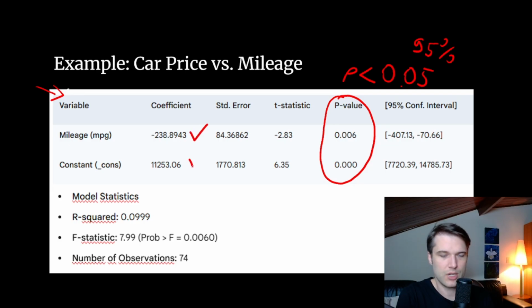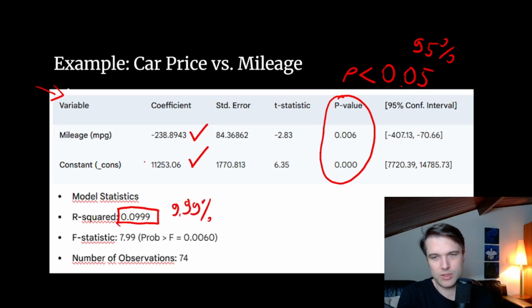It's a useful coefficient. And the same thing goes for the constant, because it's also below 0.05. And the R squared, which is also very important, is very small here. This model, which has only one variable, only explains 10% of the price of the car.